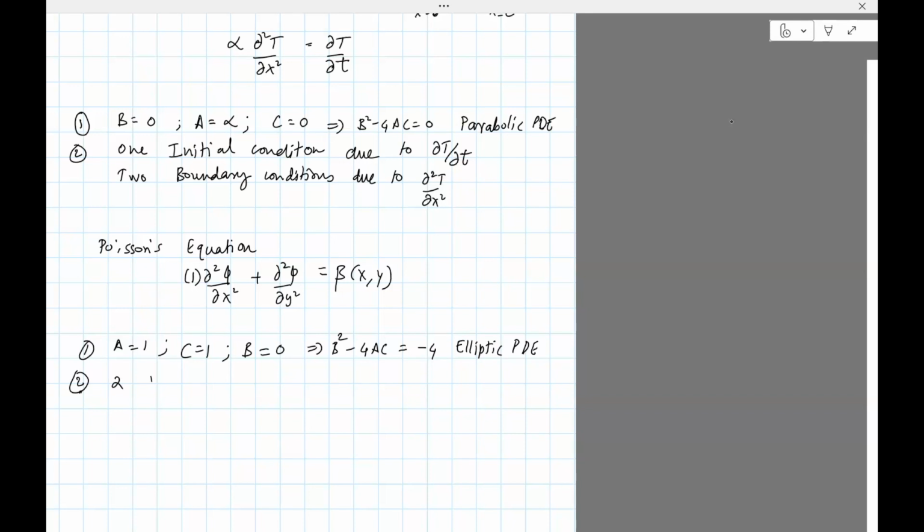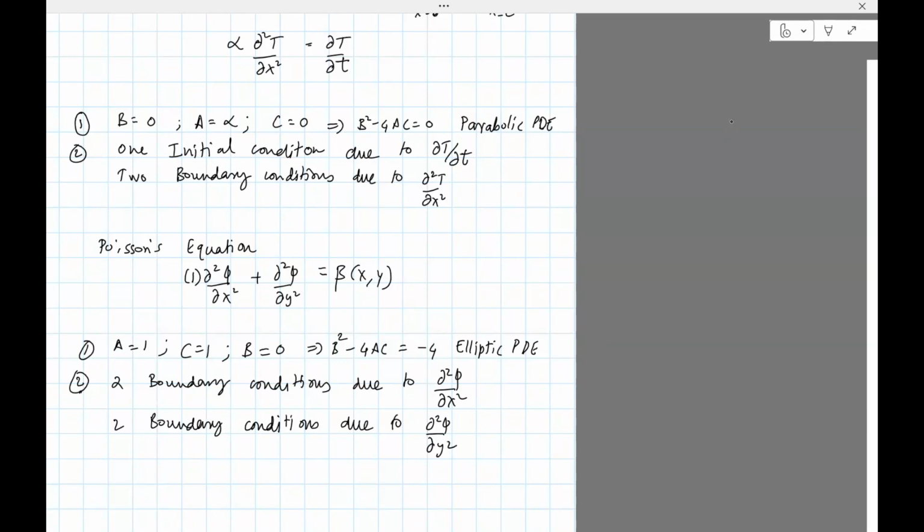It will be two boundary conditions due to d square phi dx square, and two boundary conditions due to d square phi dy square.